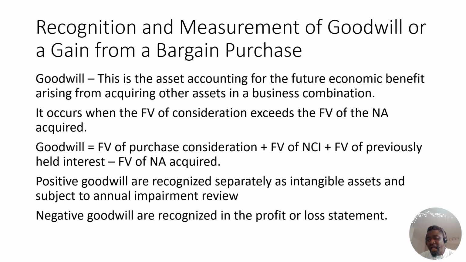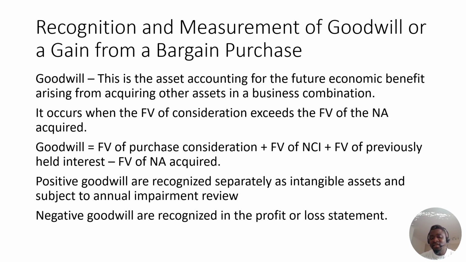You could have acquired more than 20% but less than 50%. That means it's an associate, which you would have accounted for under the equity method under IAS 28 investment in associates. So when you do this acquisition stepwise, you have accounted for something under financial instruments or under the equity method.